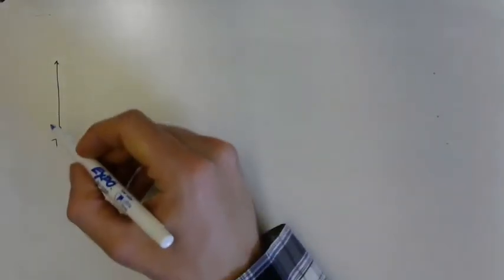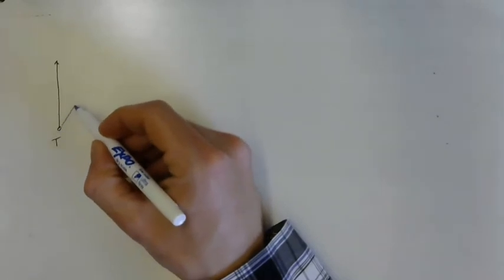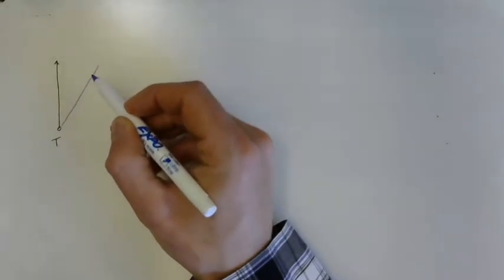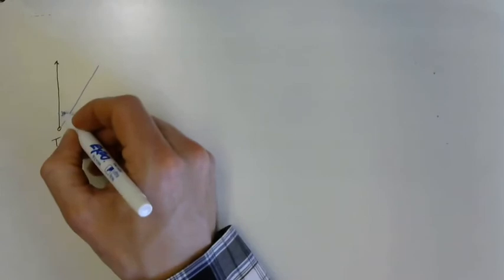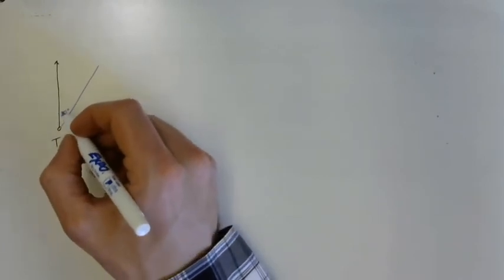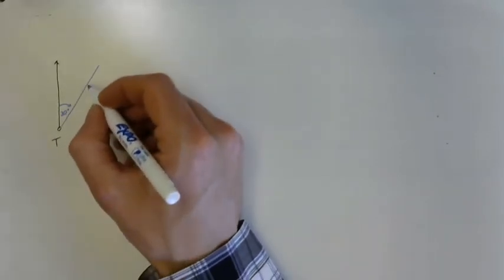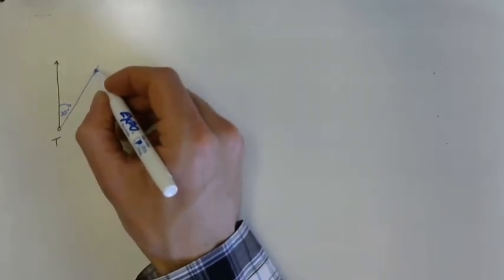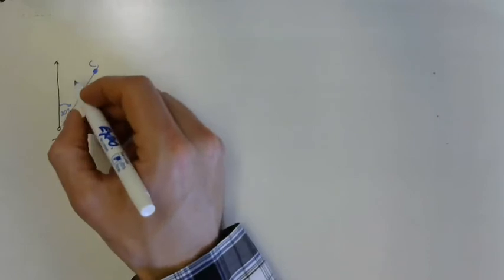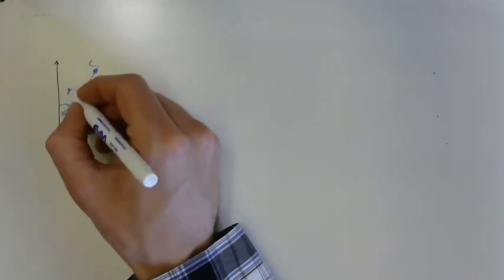So out here, 30 east of north is this angle, and it's 15 kilometers away. So let's put our Cherokee here, and we know that's 15 km.